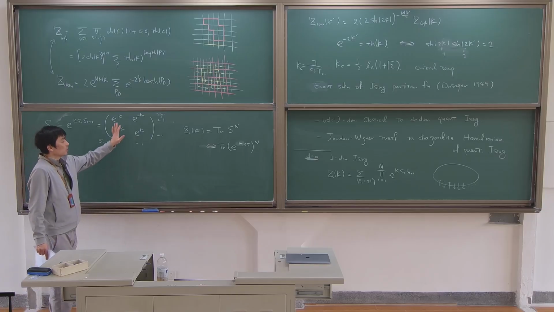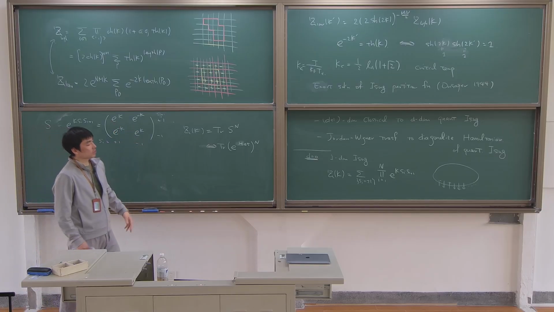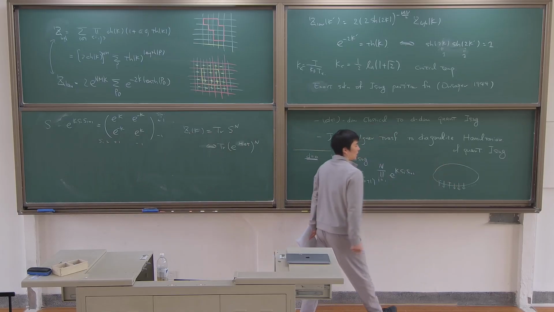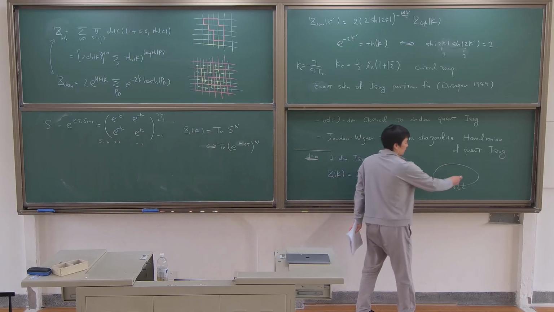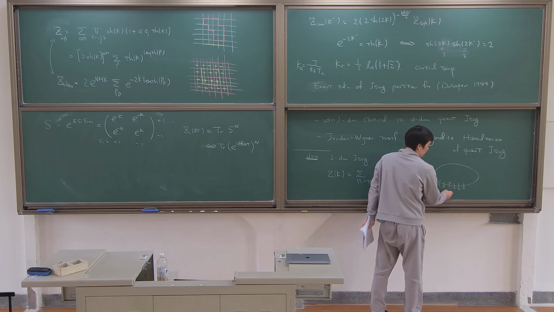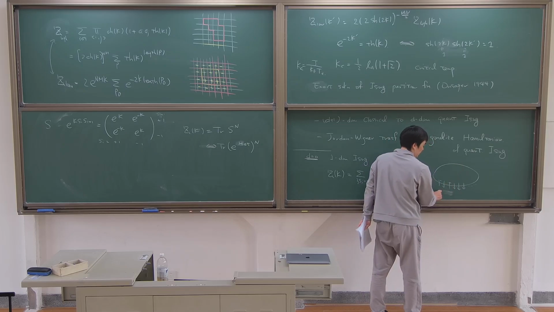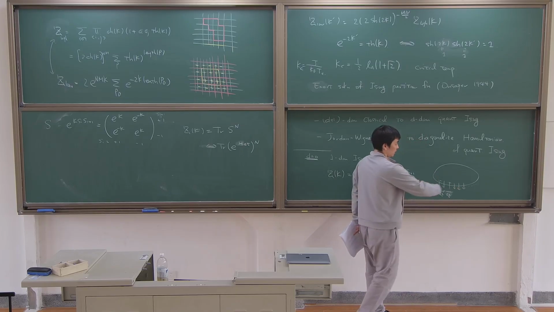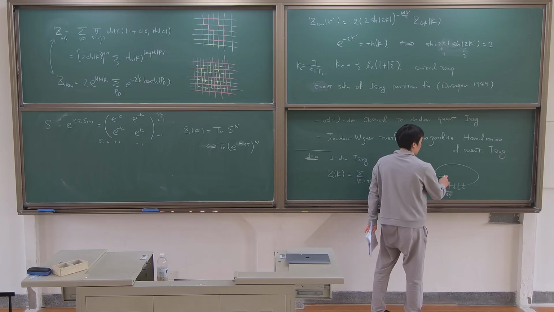And then if you come back to here, this Ising model can be understood as follows: this is a time direction, and at each step you have a delta T, a time translation by the S matrix.